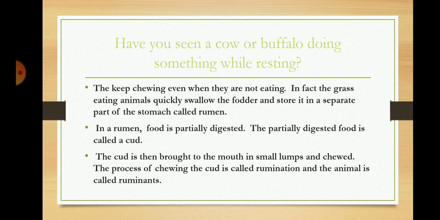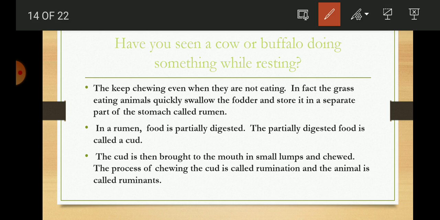So what they do is, when they get the food, they simply swallow the fodder, and this food is stored in a separate part of the stomach that is known as the rumen. As we have already seen in the digestive system diagram, the rumen is the largest chamber of the stomach.